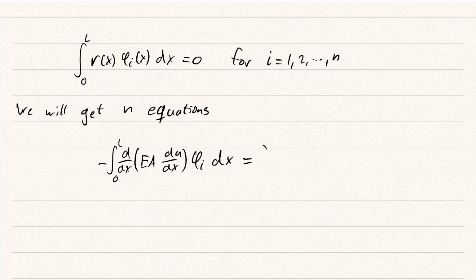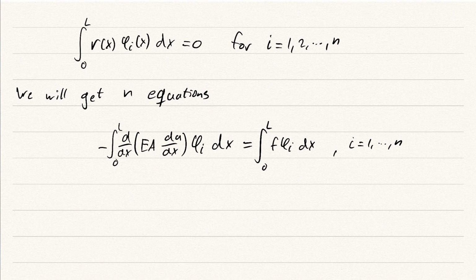This is going to be equal to the integral from 0 to L of f times phi i dx, and again i is equal to 1 to n. Alright, so this is it.